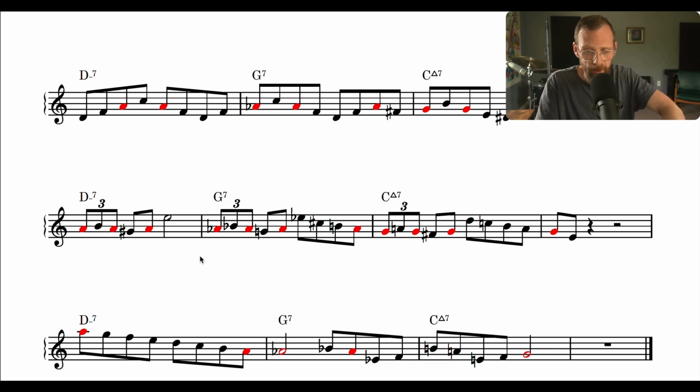Here's your starting pitch. 1, 2, sing, go. One, two, sing again. Isn't that a nice one? All right, let's look at the voice leading.